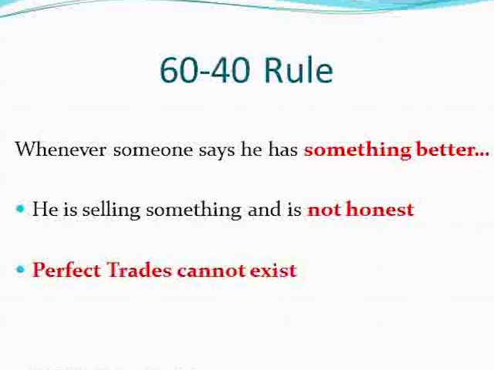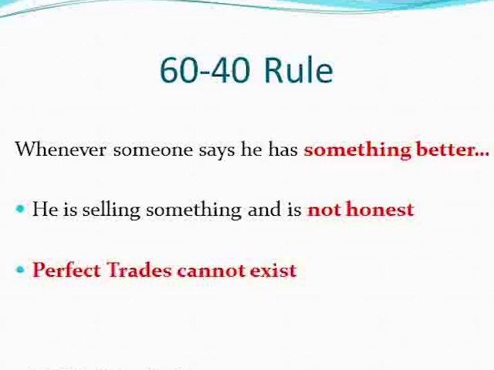Whenever someone says that he has something better than 60-40, there are certain pundits that they put on television who talk with certainty that something is going to happen. I never believe them. Whenever a person is that certain or confident, he is not honest, and he's out there selling something.